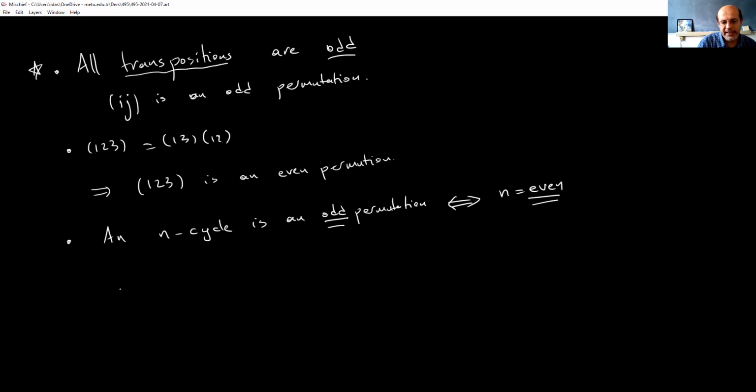And you can show that an n cycle like this, for example, 1, 2, 3, ..., n, doesn't matter what it is, I can express this as (1 2)(1 3)(1 4)...(1 n) product. And you can easily see that the number of terms in here is basically n minus 1.